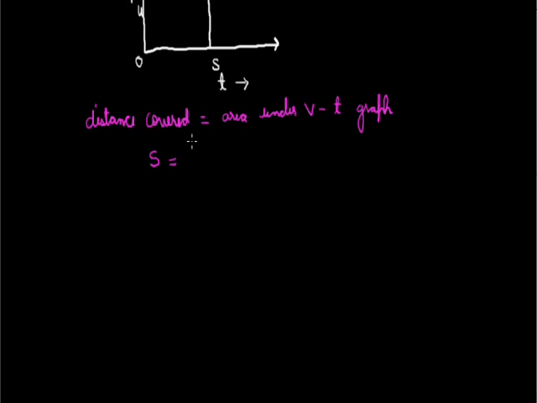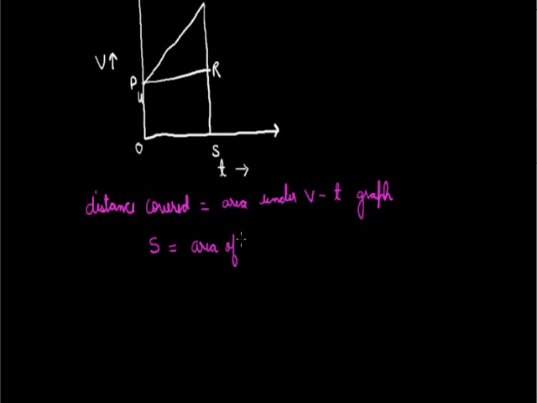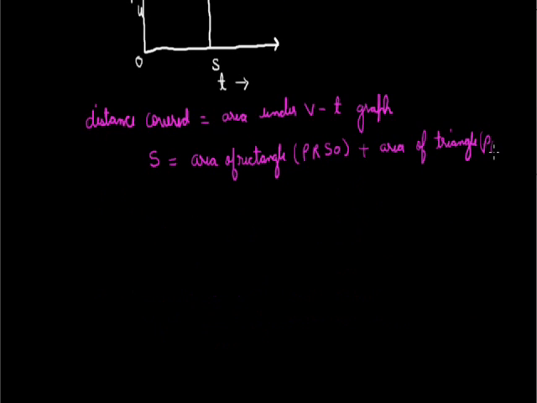So s will be equal to the area of rectangle, that is PRSO, plus the area of triangle, that is PQR.